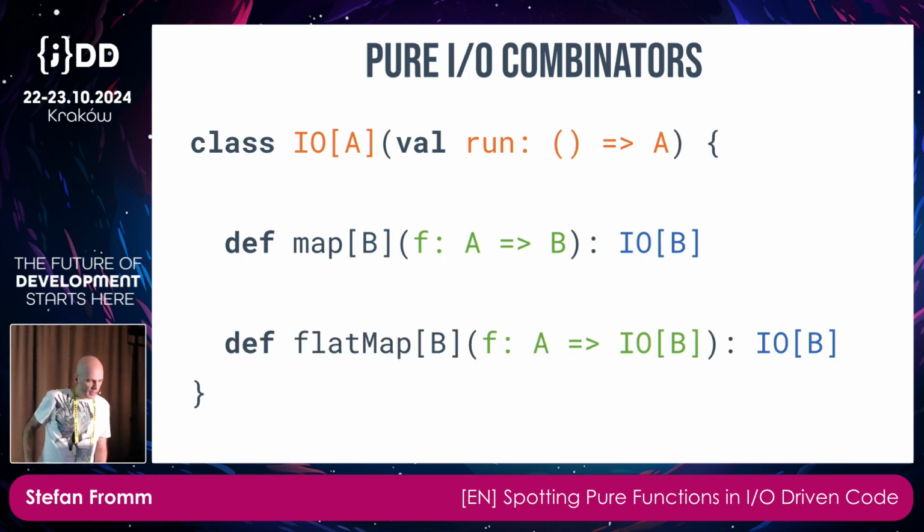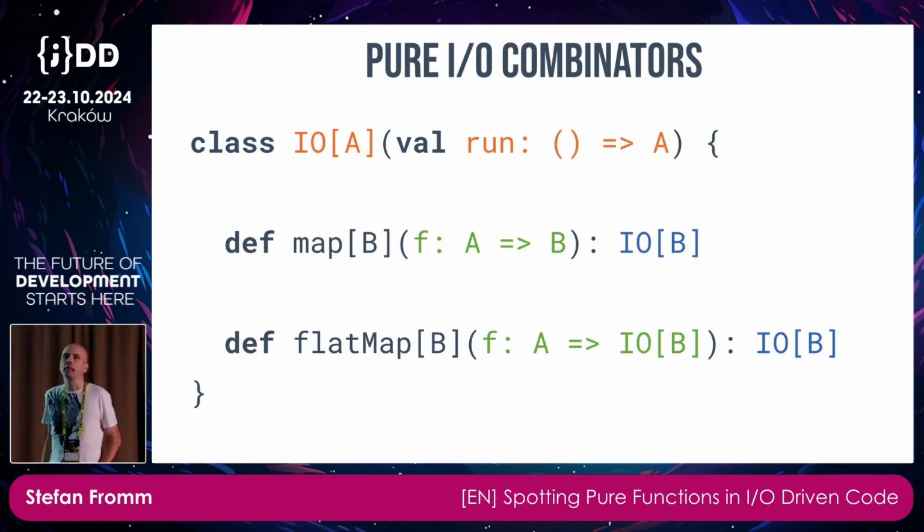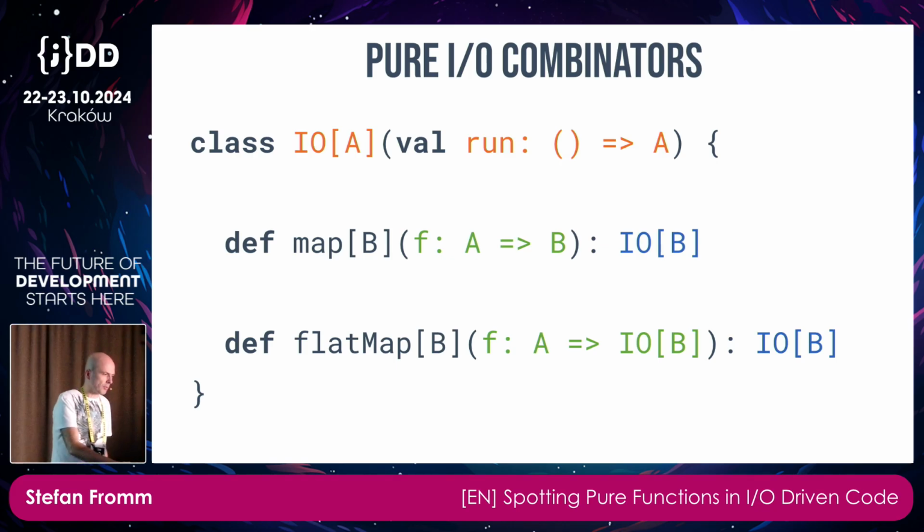There will be another method, flatMap. And here the piece of code I can pass in differs a bit because it doesn't return a value of this type B. It returns me a new effect descriptor. Okay, so I leave it up to you to maybe implement it.